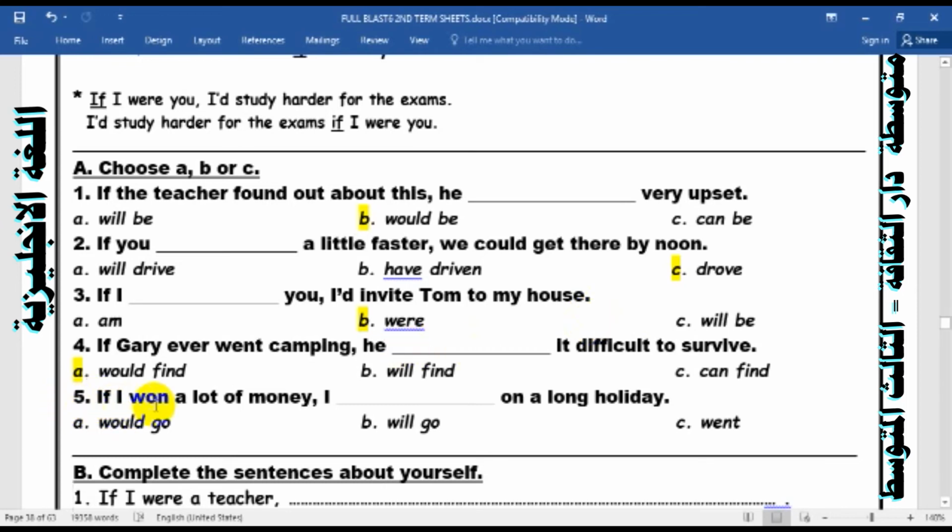Number 5, if I won a lot of money, I would go on a long holiday. لو أنا فزت بفلوس كتيرة هطلع فين؟ في رحلة. Yes, the right answer here will be, who can? A, B, or C? Yes, would go. Super. Excellent.